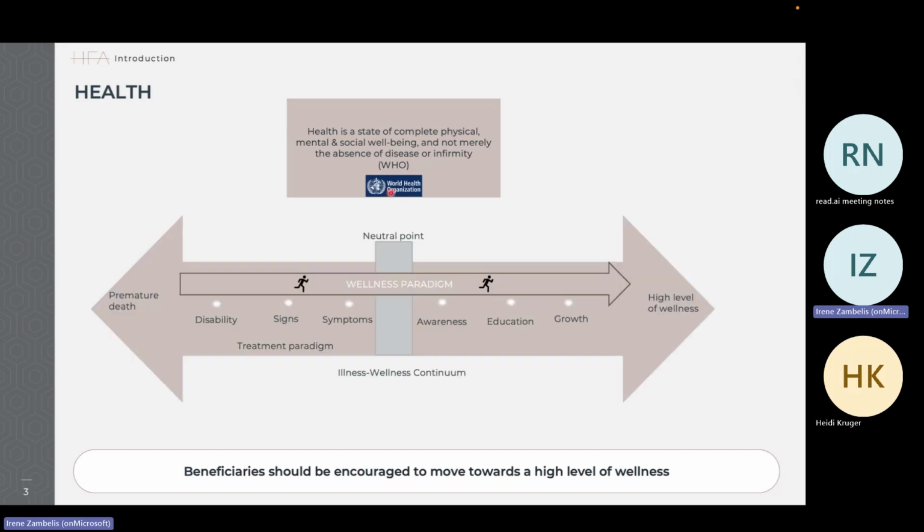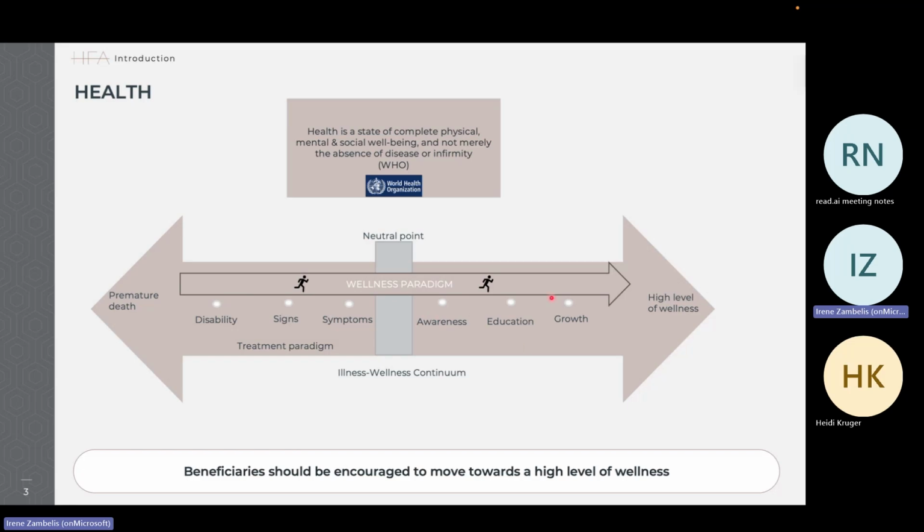When we look at the wellness continuum, you can see here it goes from the right side being a high level of wellness to the left being premature death. What leads to a high level of wellness is being aware of your health and the health risks that you may face.